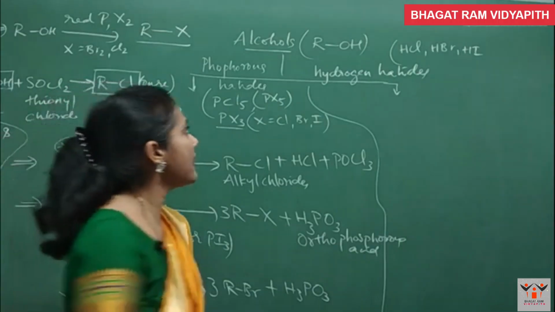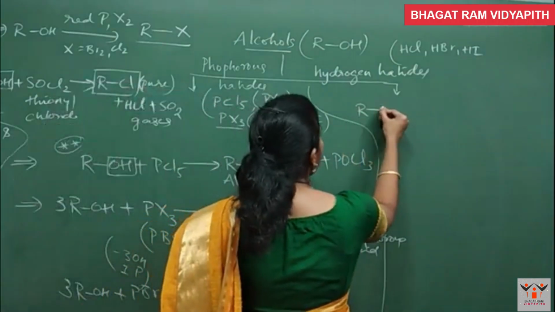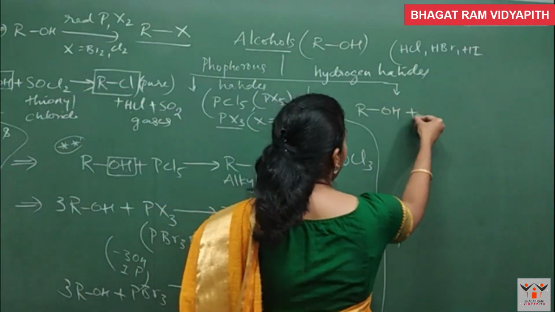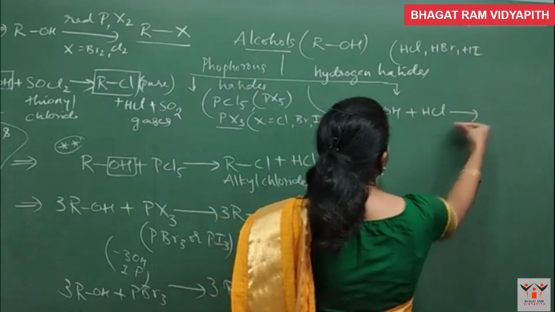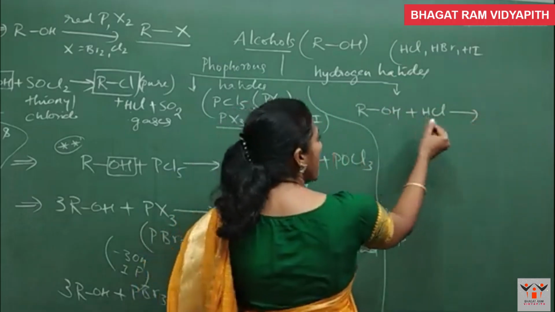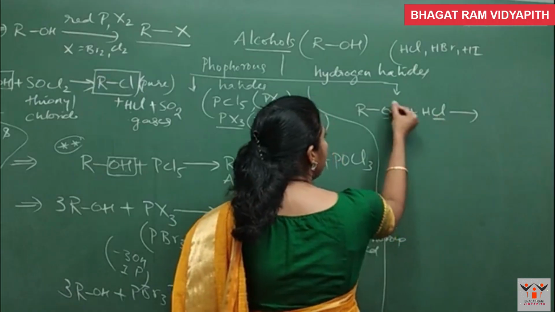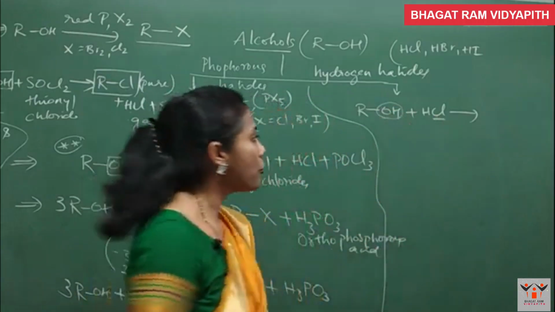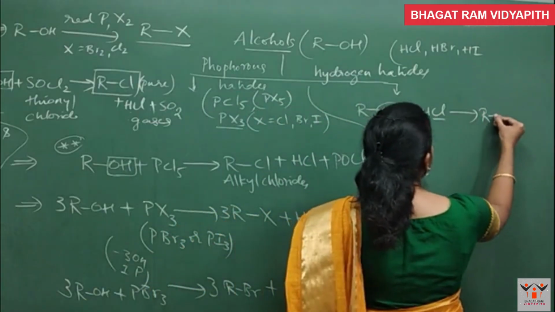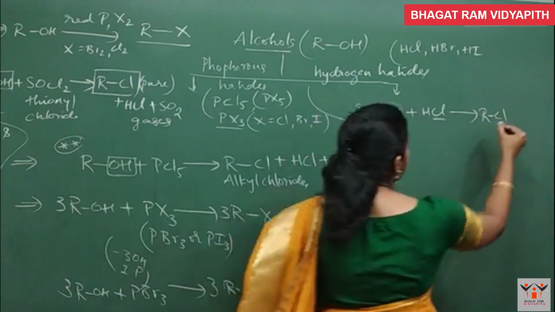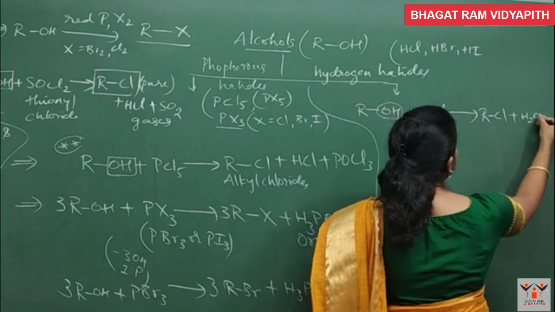So let's understand what happens here. ROH is the general formula, and when I take HCl, here also the same logic, the Cl will replace OH. So you would be getting RCl as the major product, and the byproduct is H2O here.